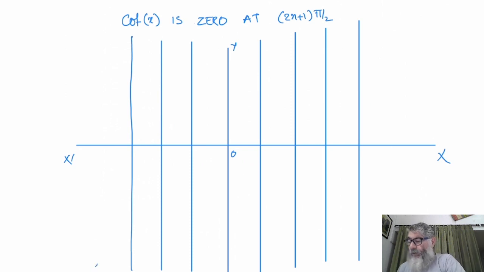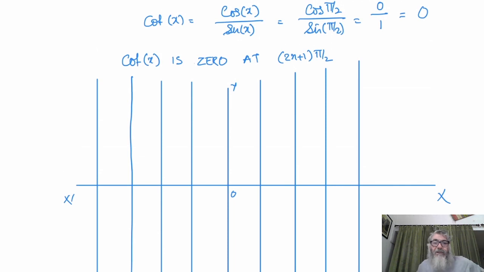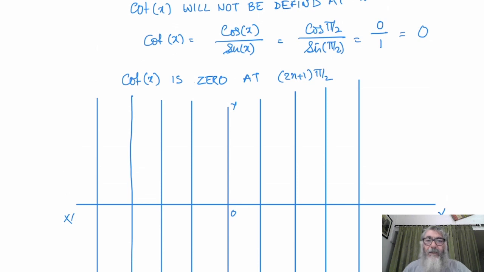Okay, now let us take another color. So we were discussing this. We have drawn these vertical lines, and I'm going to draw the graph. As I told you, this cot x curve we are going to draw now.